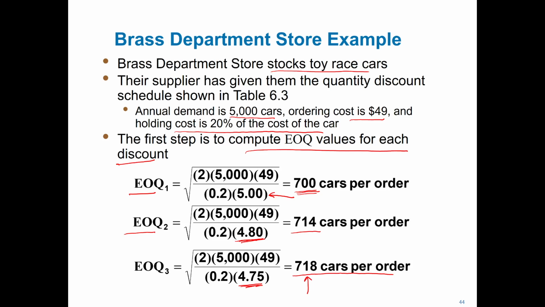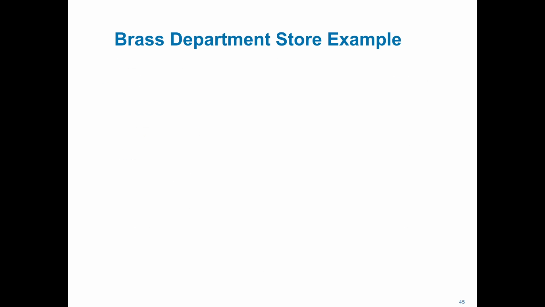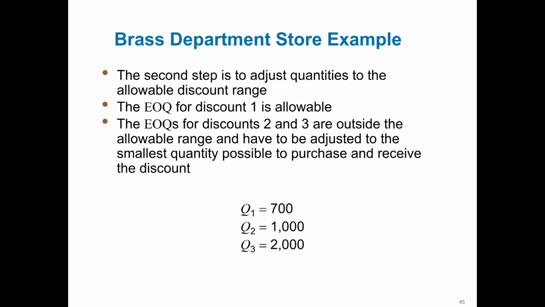So we first work out the minimum quantity at which we can order. Q1 is 700, which is also EOQ1. We can order this and see what total cost comes out.